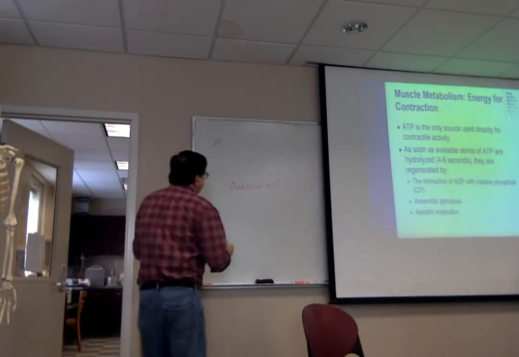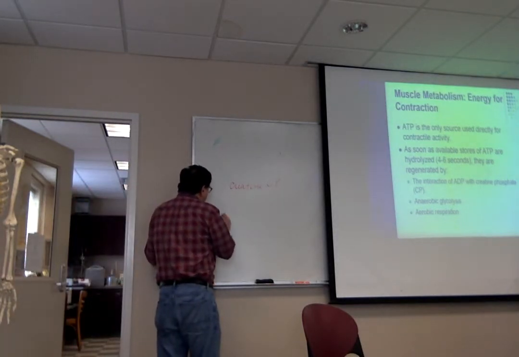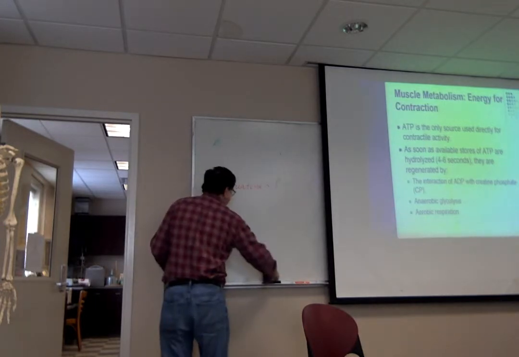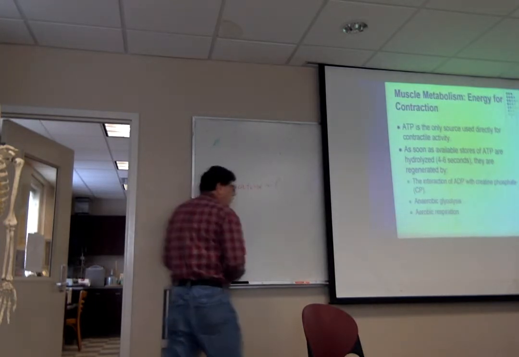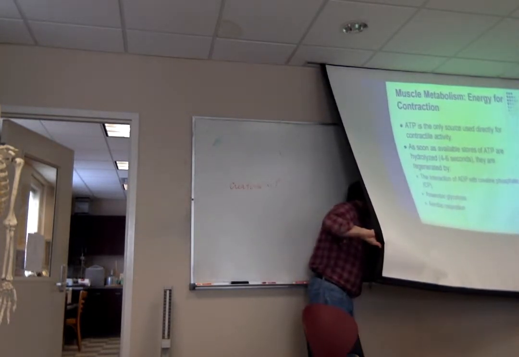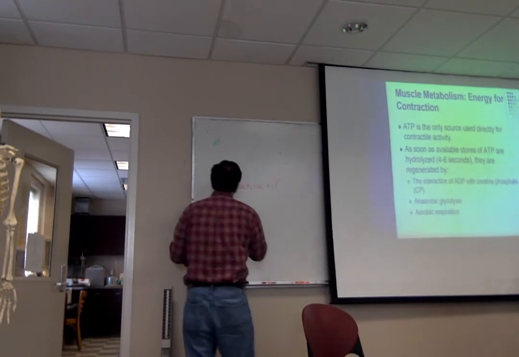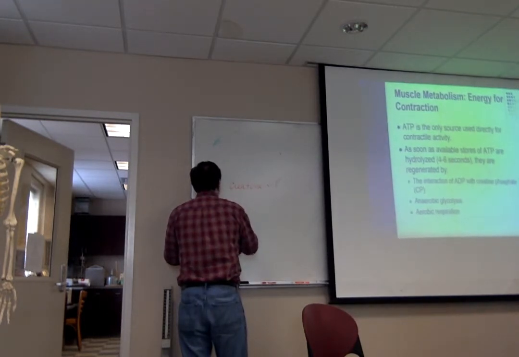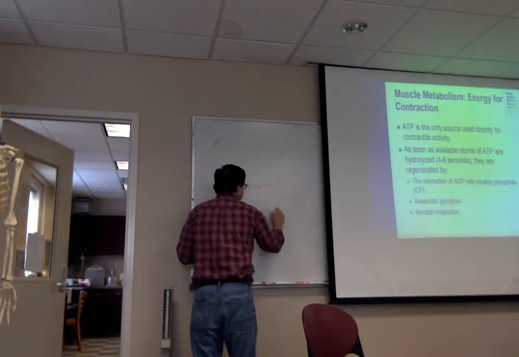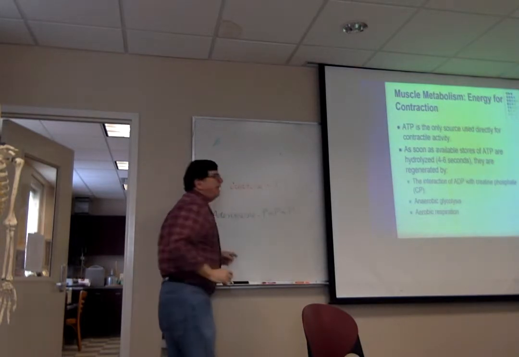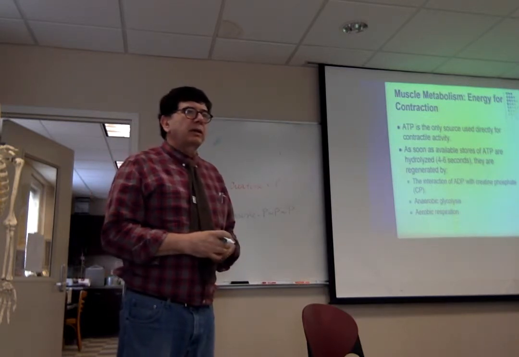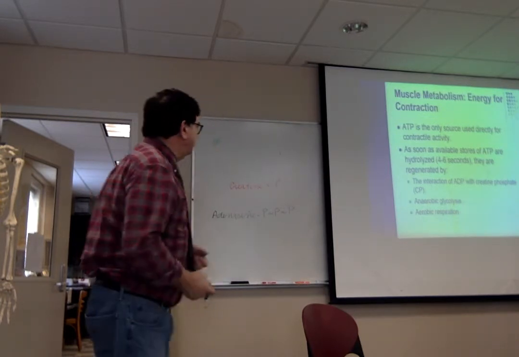Okay? We said that muscles can store up to 4 to 6 seconds worth of ATP. ATP stands for adenosine triphosphate, with these last 2 bonds being high energy bonds. And really, when we say high energy, we really mean that they're easily broken, and when broken, release energy.